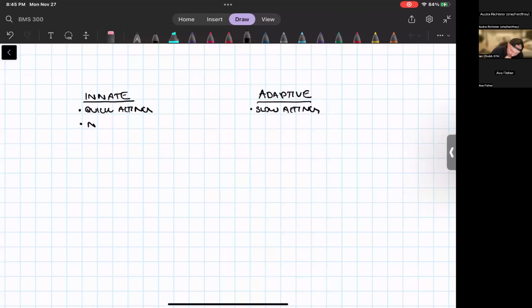The innate is non-specific. So it cannot pick out a specific virus or bacteria and say, I know what this is, I can fight it. It can destroy normal tissue as well. So inflammation and things like that can destroy very normal tissue that's not infected, which is why the adaptive is a little bit more specific in getting rid of certain pathogens or bacteria.